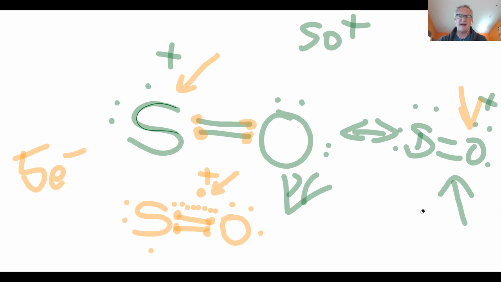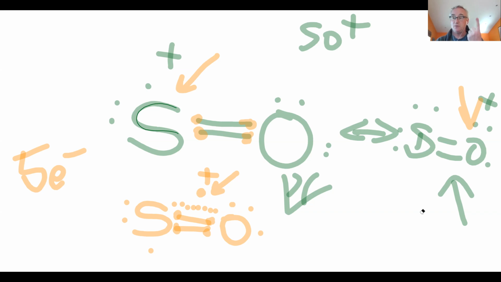So what's the bond order now? We're not dealing with molecular orbitals here. We're just dealing with a drawn picture of 2 atoms sharing 5 electrons. What bond order does that give me?